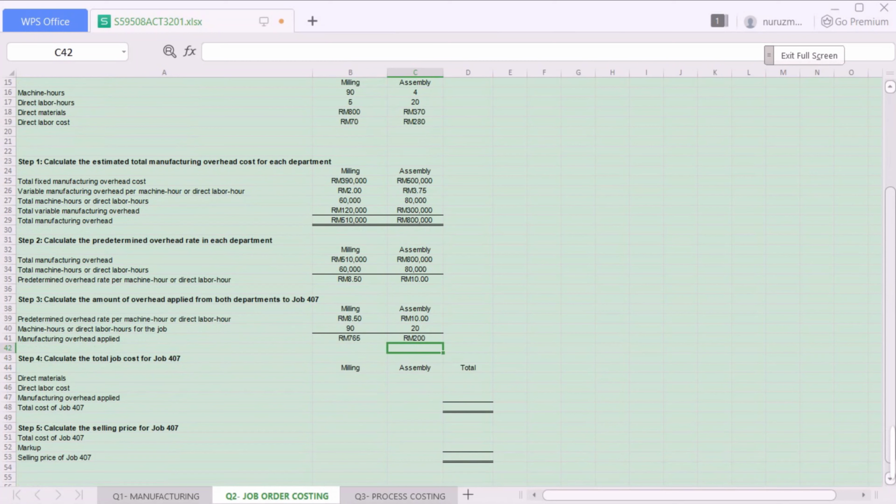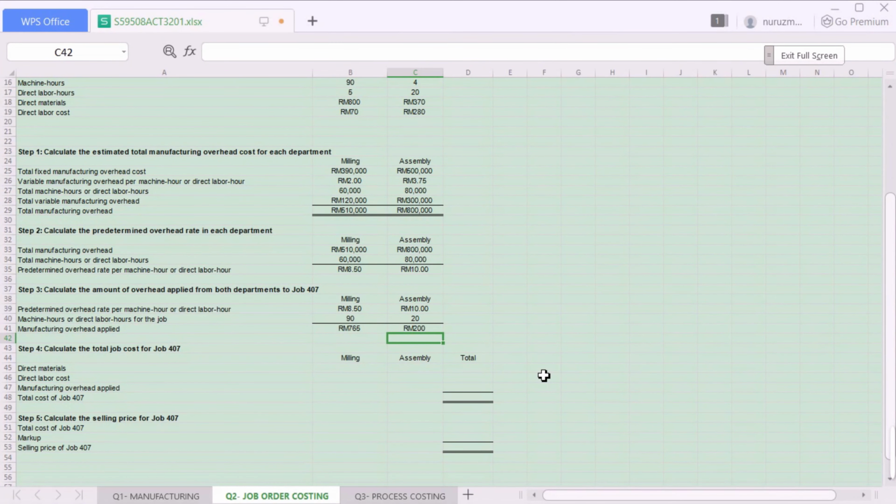Step 4. Calculate the total job cost for 407.